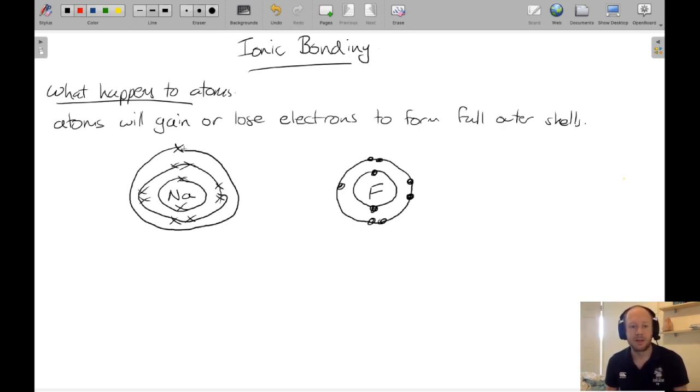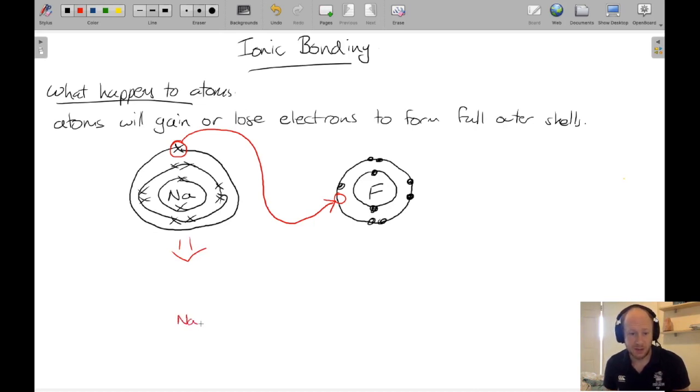All right, so here's what's going to happen. So this electron is free, and you can see here there's a bit of a gap. So that electron will jump from there and into that position over there. So what does this end up becoming? I'm going to draw this again in red.